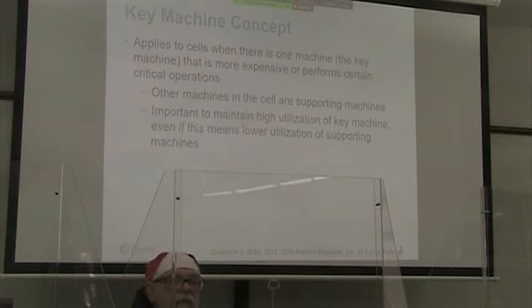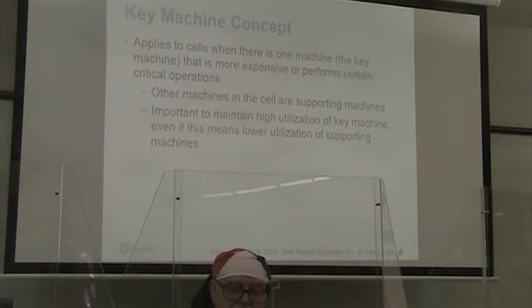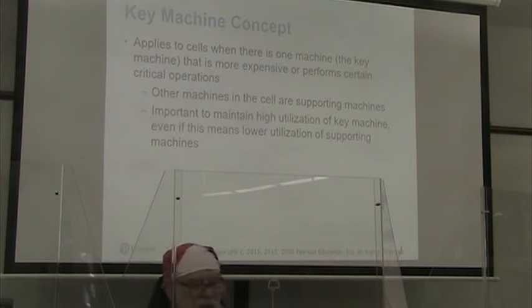We may have other machines in the cell that are supporting machines, but it's most important to maintain high utilization of the key machine, even if that means lower utilization of the supporting machines. Okay, so easy enough.